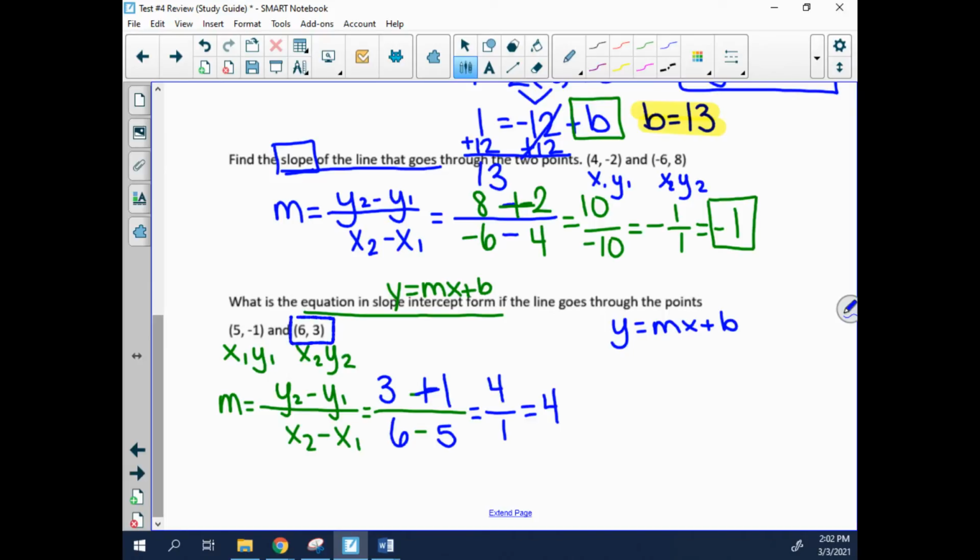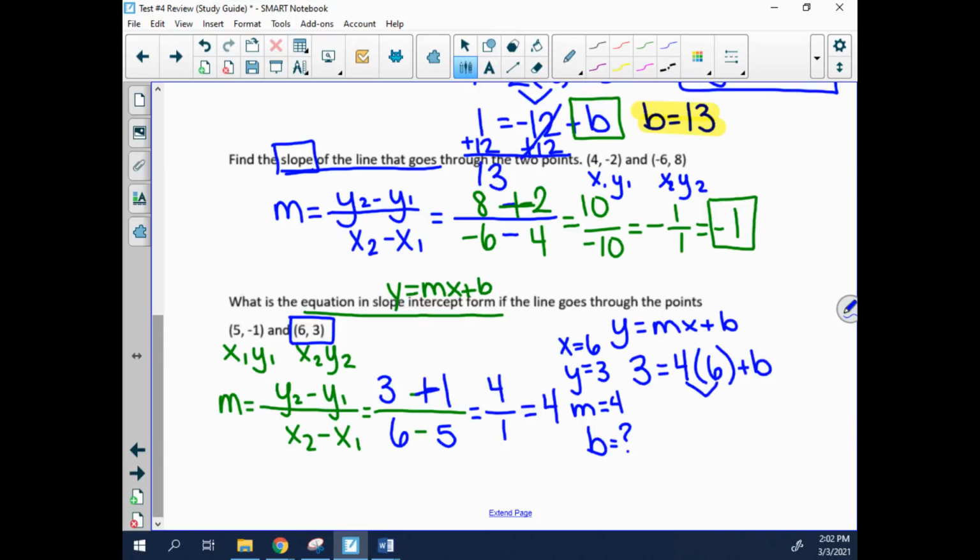I'm going to use x2, y2 because they're both positive numbers. So I'm going to end up using x is 6, y is 3, and I found out that m was 4. So we want to find out what b equals.